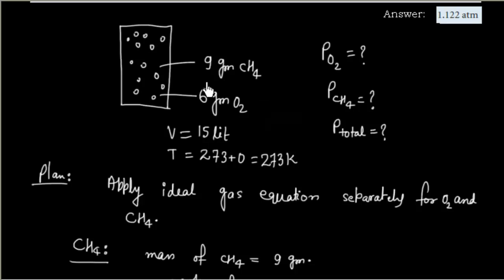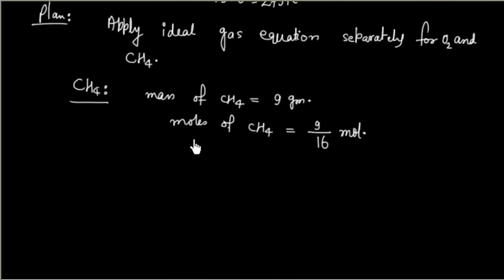Even for methane, we'll assume this methane molecule is free to move everywhere in this vessel. So volume occupied by methane is also 15 liter, and temperature is 273 Kelvin.